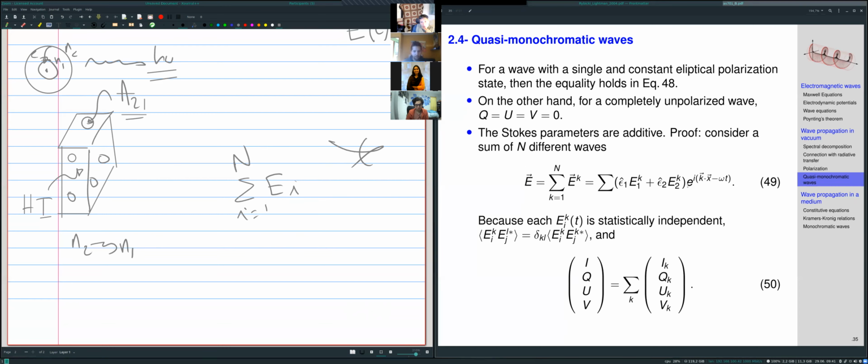We can write this in vectorial terms this way. Now, each one of these spectral components, E1 and E2, is time dependent, okay? But they are statistically independent. Whatever happens to this atom is completely independent of what's going to happen to this other atom a few AUs or even parsecs away.